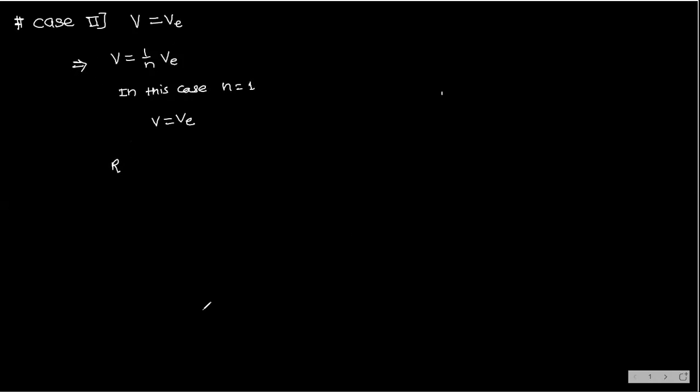Either you substitute h or r. I am keeping h formula. So h is equal to r by n square minus 1, and here n is 1, so h is equal to r divided by 1 square minus 1. So h is equal to r divided by 0.